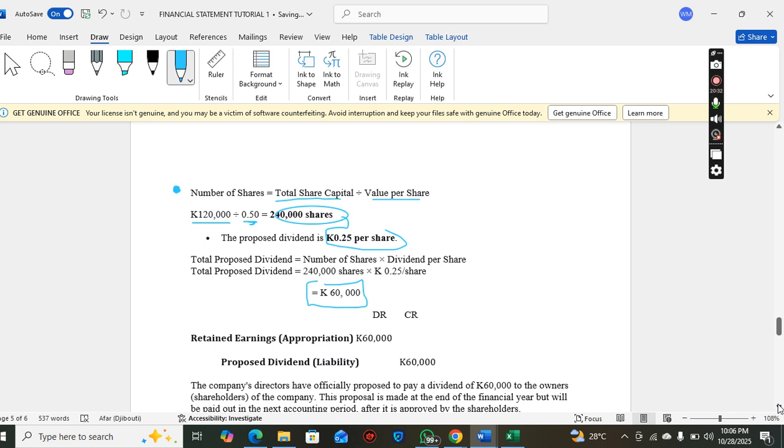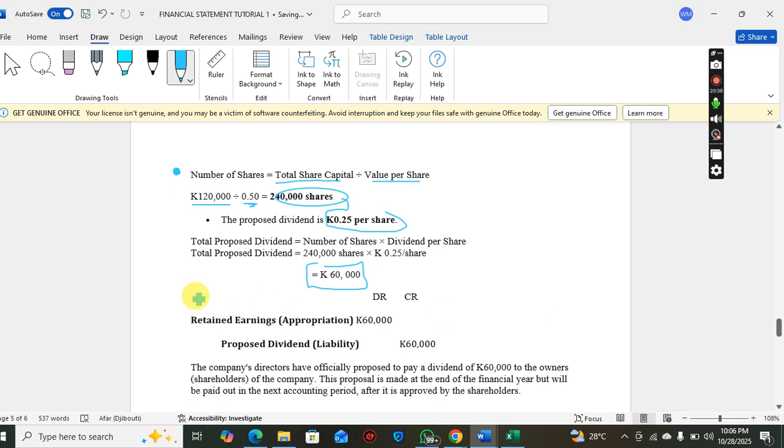So this proposal is going to affect the statement of equity changes. Here's the journal entry. You debit the retained earnings account, because this 60,000 which is going to be paid to the ordinary shareholders is coming out from the retained earnings account. Since it hasn't been paid, we credit proposed dividend as a liability.